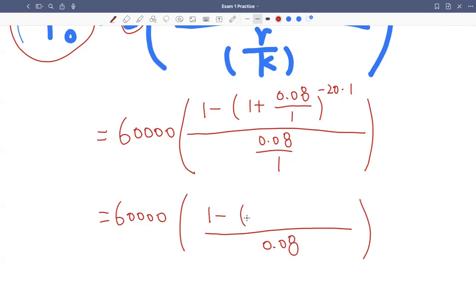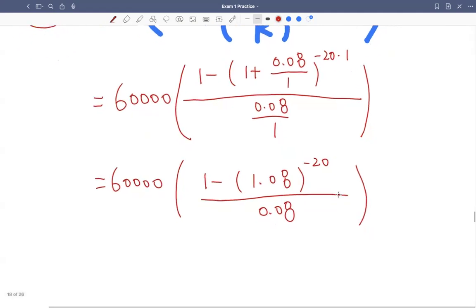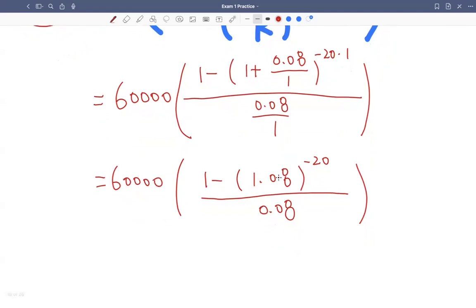Inside, 0.08 divided by 1 is 0.08, plus 1 gives 1.08, raised to negative 20, because 20 times 1 is 20. So I use the calculator to calculate 1.08 raised to negative 20 first. Then I subtract this number from 1, divide by 0.08, and multiply by 60,000.